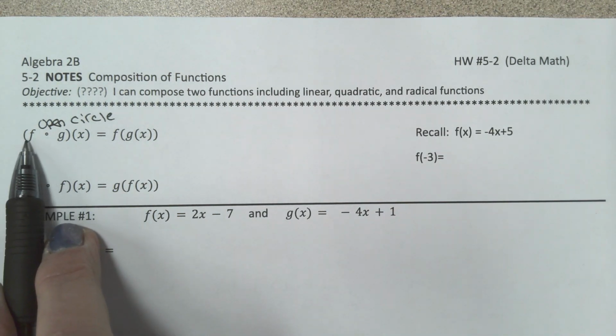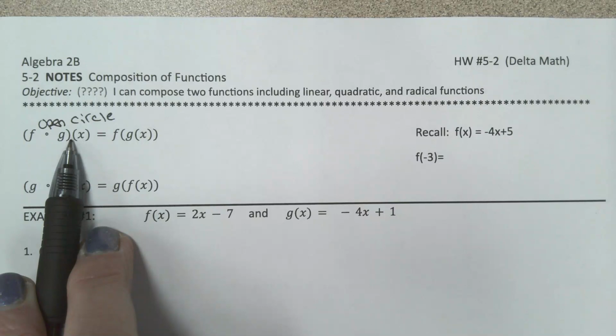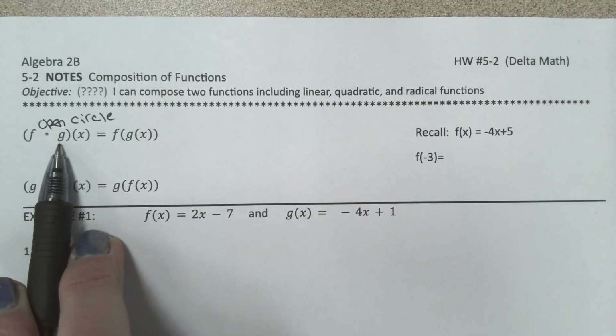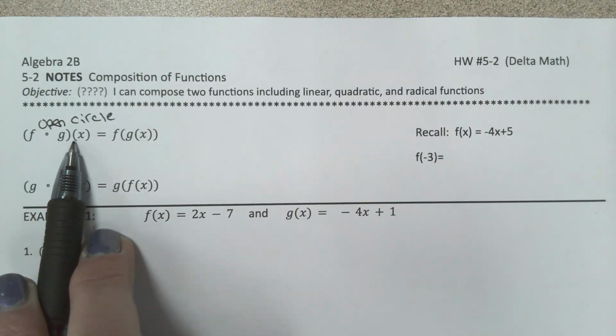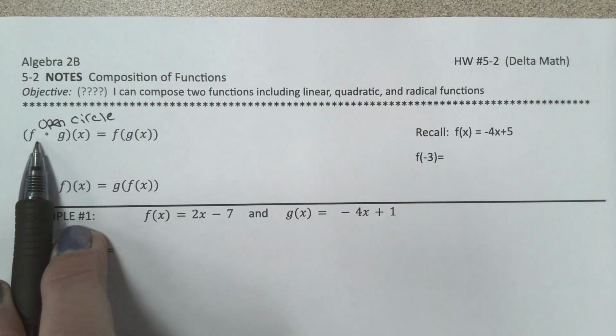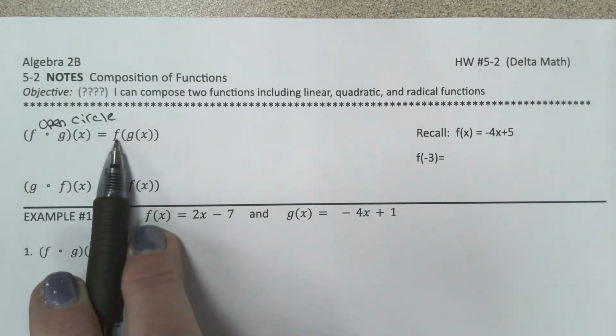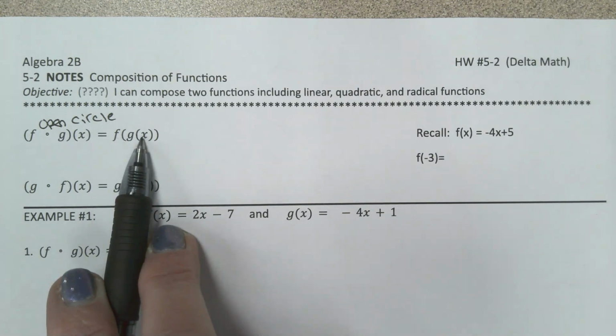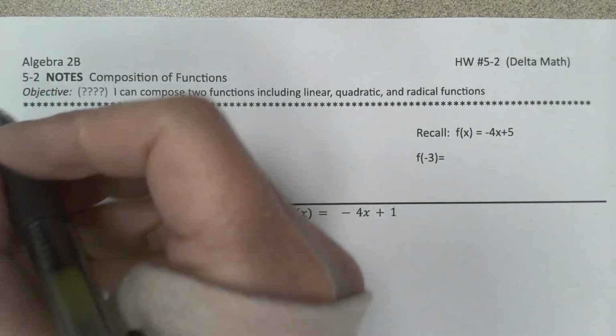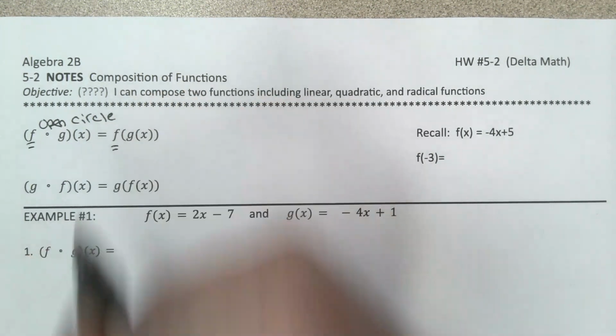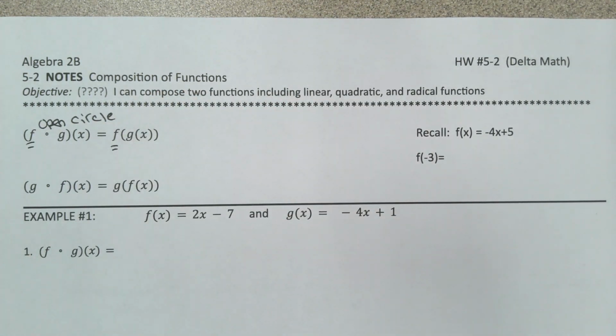This is read as f composed with g of x. Whatever letter comes first right here, I'm going to rewrite it in this more user-friendly function notation. So if the f comes first, when you rewrite it, the f comes first.